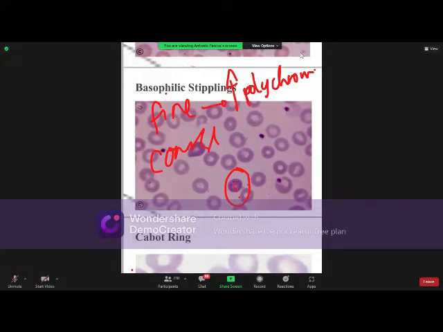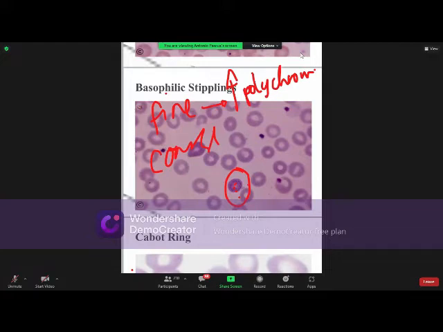In a Wright-stained blood smear, what is that cell again? It is called a polychromatic RBC. Reticulocyte. And what's inside your reticulocytes again? RNA. You have remnants of RNA.